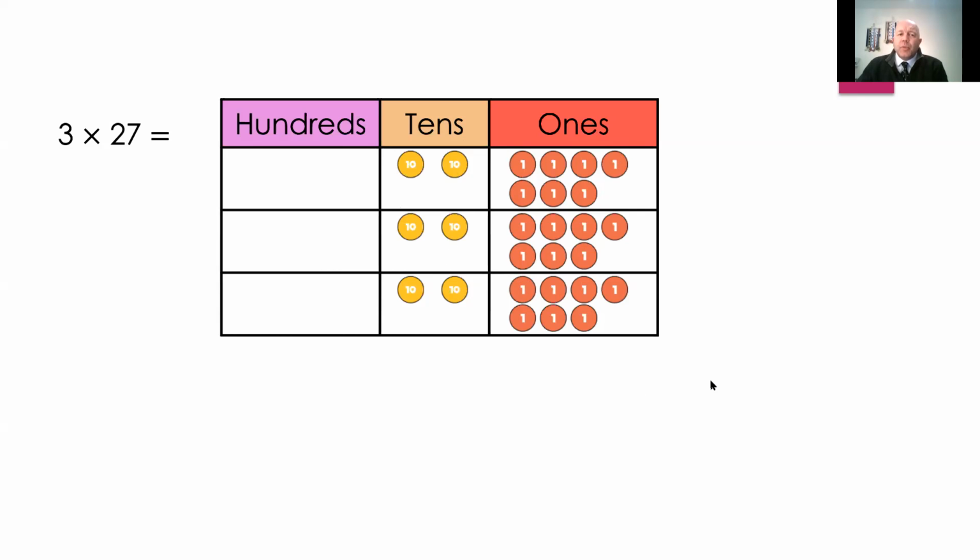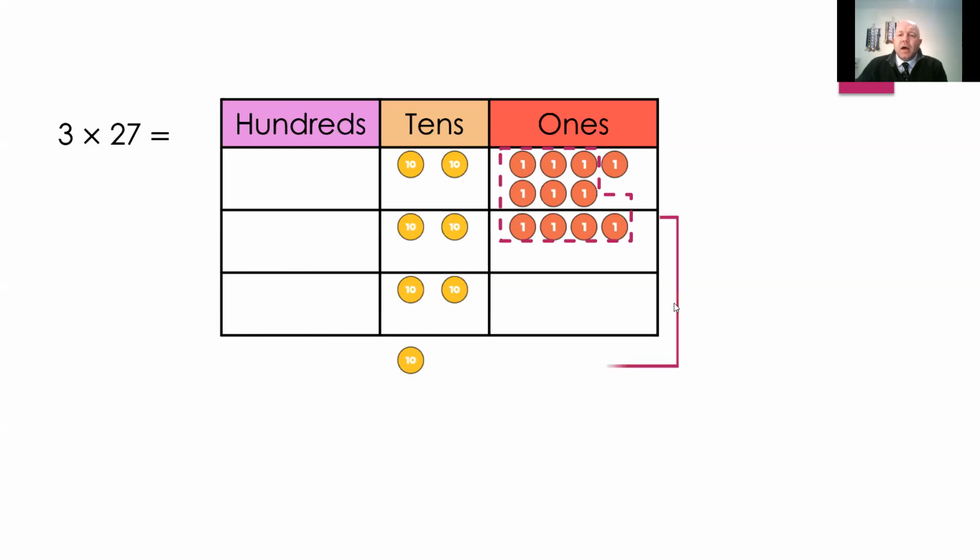And if we then group those together, we'll be able to work out our total. So we count these up. We've got a whole 10 here. 1, 2, 3, 4, 5, 6, 7, 8, 9, and 10. So there's a group of 10 there. We'll take those and move them into the tens column. And we've got another group of 10 here. So we'll take those 10 ones, group them together, and create a 10.